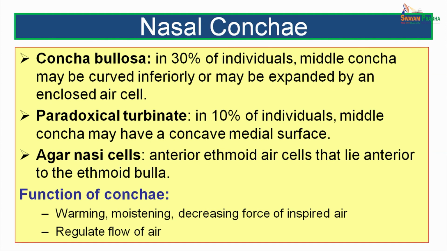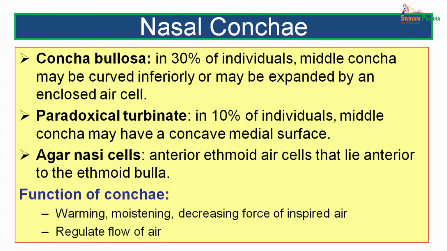Nasal conchae. Concha bullosa. In 30% of individuals, the middle concha may be curved inferiorly or may be expanded by an enclosed air cell. Paradoxical turbinate. In 10% of individuals, the middle concha may have a concave medial surface.